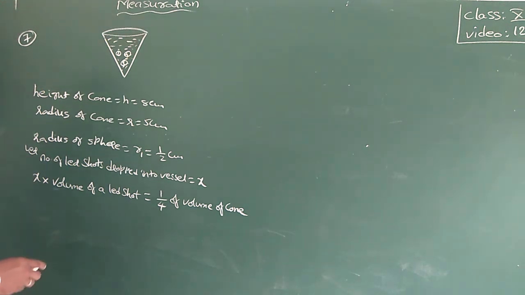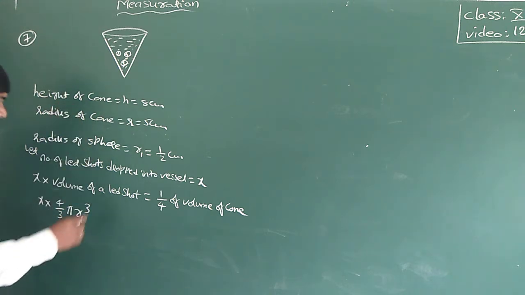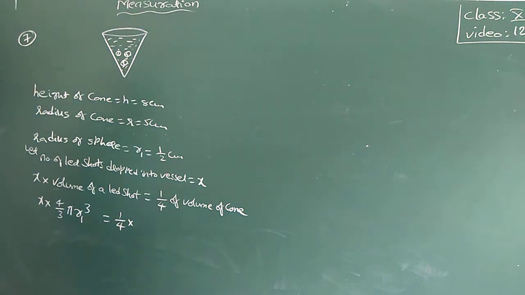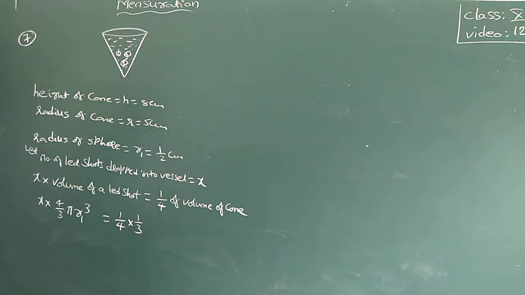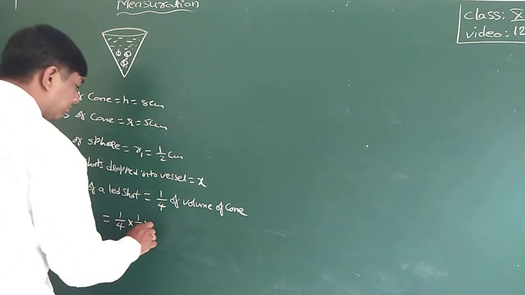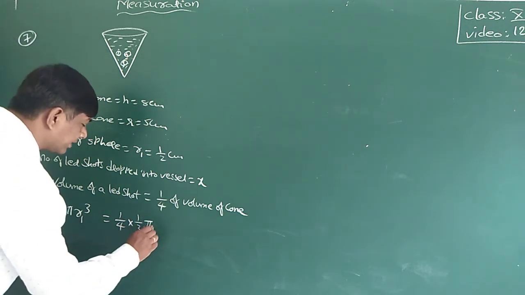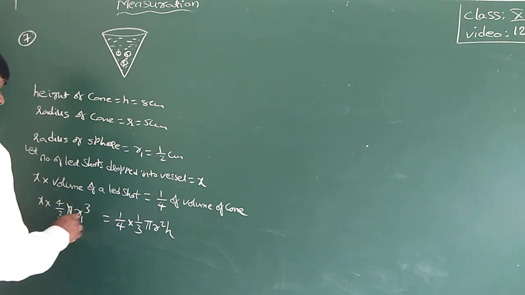The volume of a lead shot is 4/3 pi r1 cubed, because r1 is the radius, is equal to 1/4 into volume of a cone, which is 1/3 pi r squared h. Total product only, no addition and subtraction is there. Pi you can cancel it.